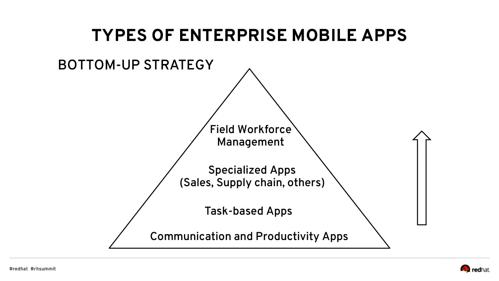Yeah. So just to give you an idea of how to start this journey in terms of mobility, we classify at a high level different types of apps. And in this example, a bottom-up strategy. You normally start with the simple, or our recommendation will be to start with the simple apps, the communication or productivity apps.